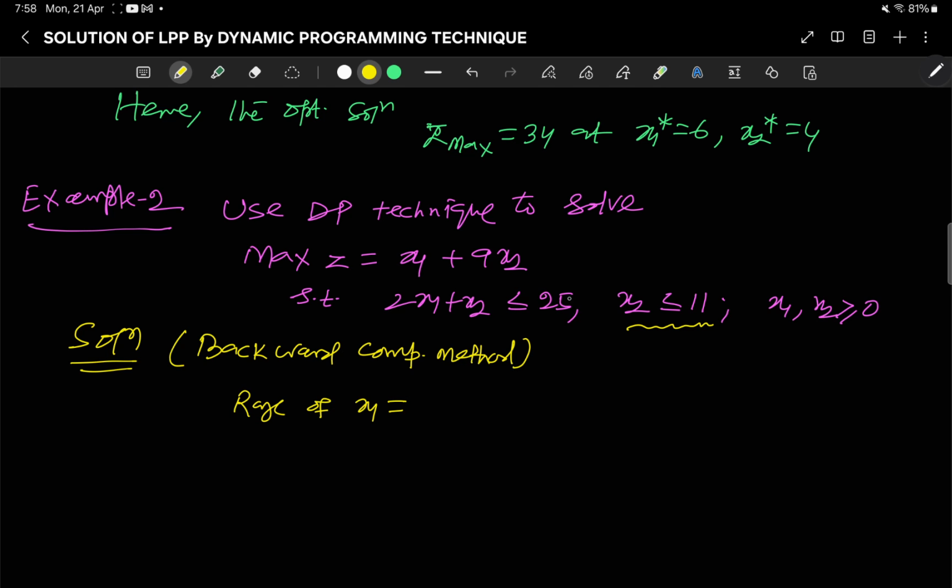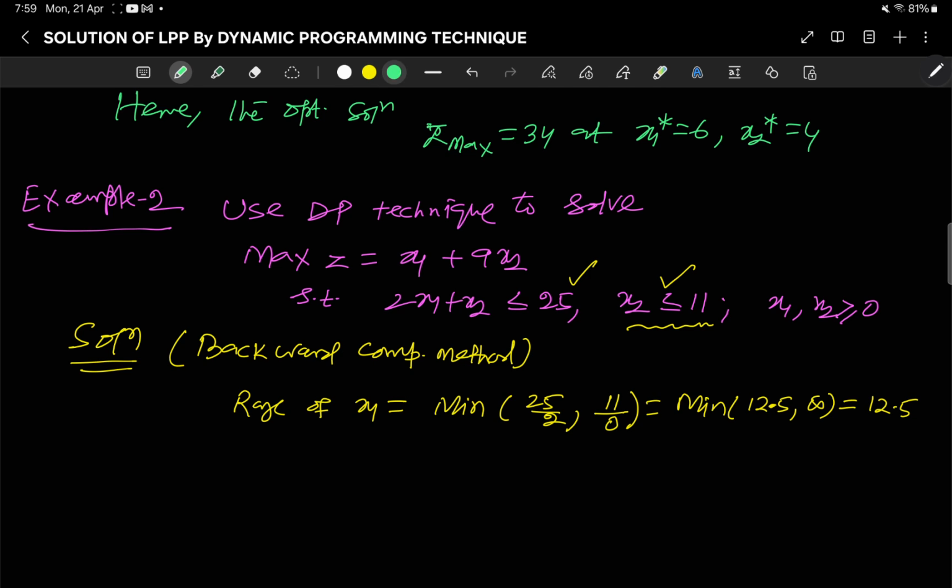It will be the minimization of the x-intercept putting y equal to 0, which is 25 by 2, and since there is no x1 in the other constraint, 11 by 0, so the minimization of 12.5 and infinity is 12.5.